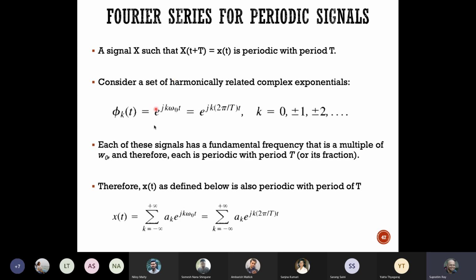Now here's what we do. You consider a set of harmonically related complex exponentials, phi_k(t), of this form. It is e^(st), but in this case s is just an imaginary number, jkω.